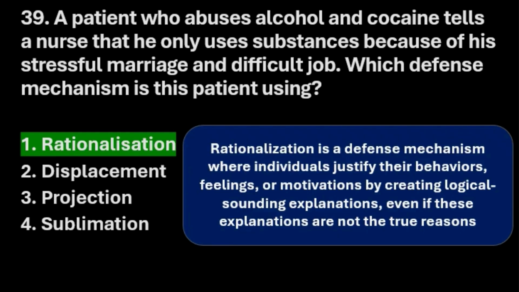The right answer is option 1, rationalization. Rationalization is a defense mechanism where individuals justify their behaviors, feelings, or motivations by creating logical sounding explanations, even if these explanations are not the true reasons. So this is rationalization, finding reason for a particular activity to justify it.